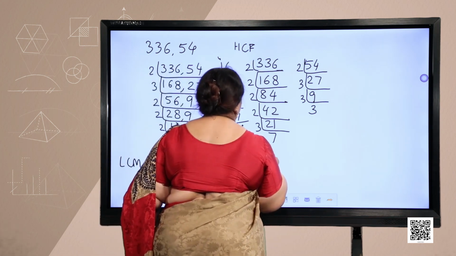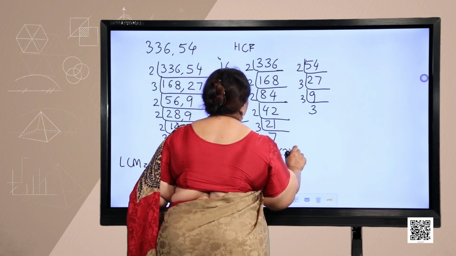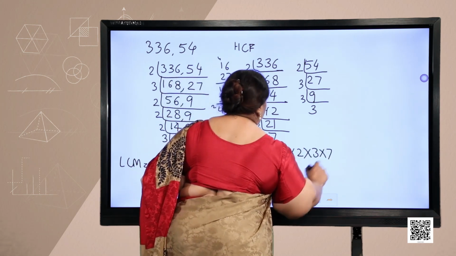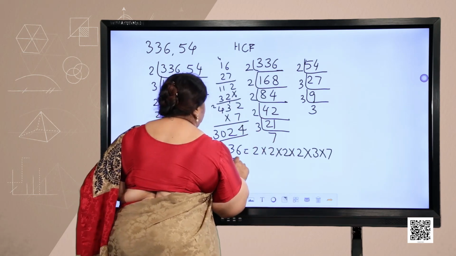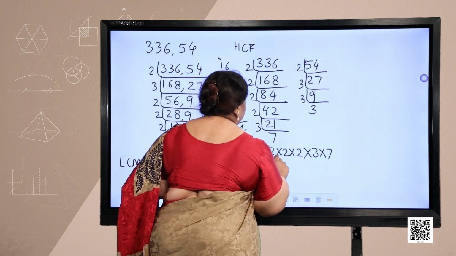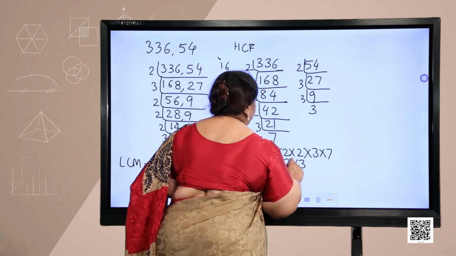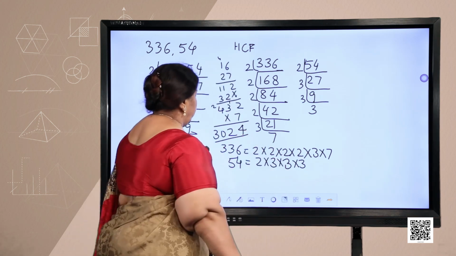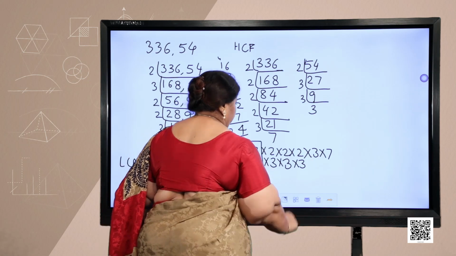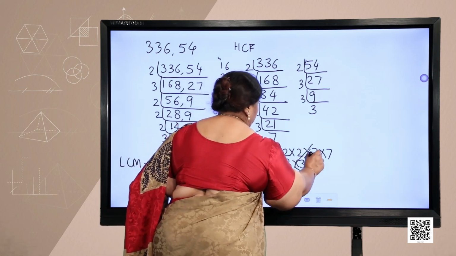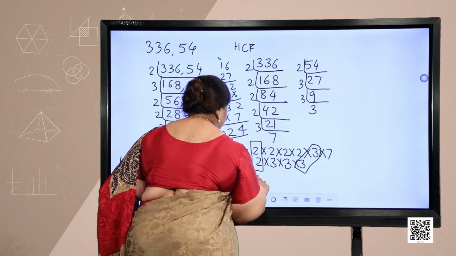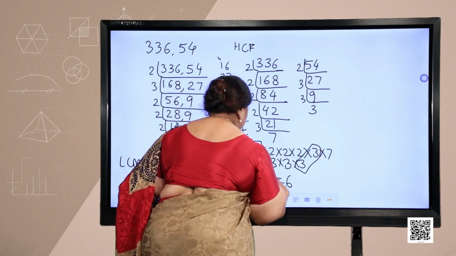It is 2 into 2, 4 times, and 3 into 7. And for 54 I have here 2 into 3 into 3 into 3. So, what are common factors? One 2 is common and one 3 is common. So, what is the HCF? It is 2 into 3, that is equal to 6.